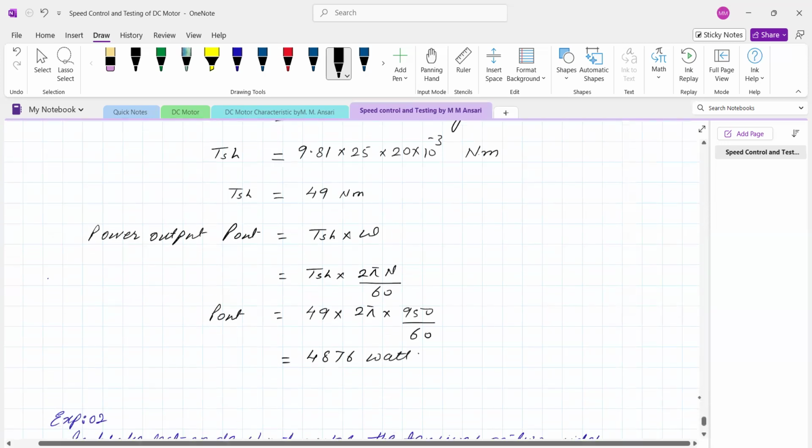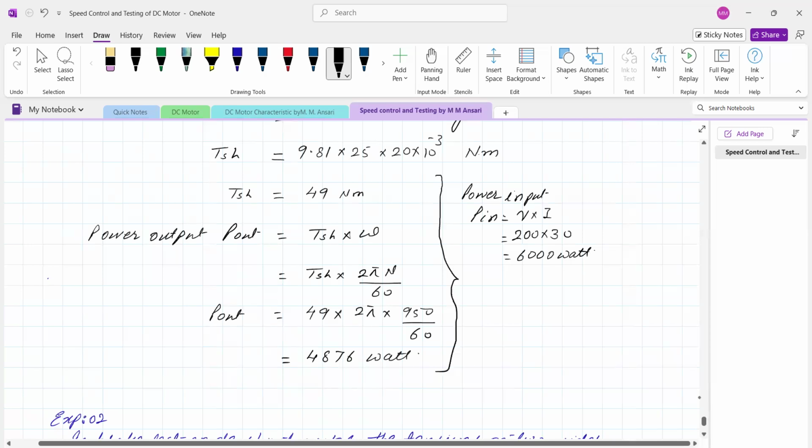Now power input, PIN is equal to V into I. So voltage is 200 multiplied by 30, which is equal to 6000 watt.